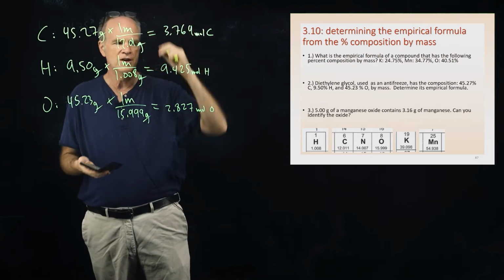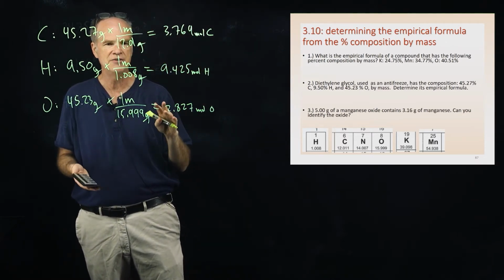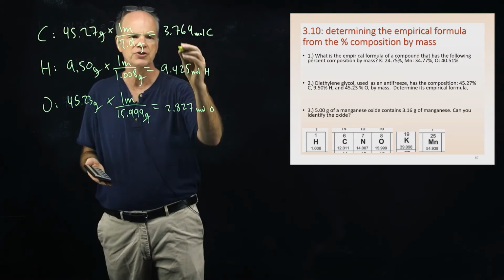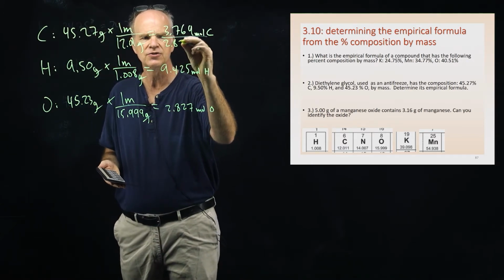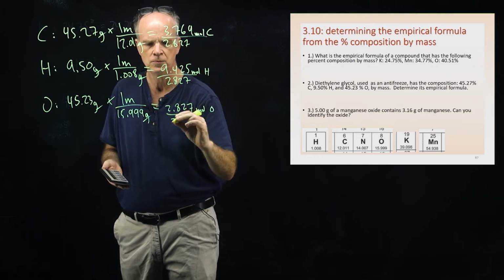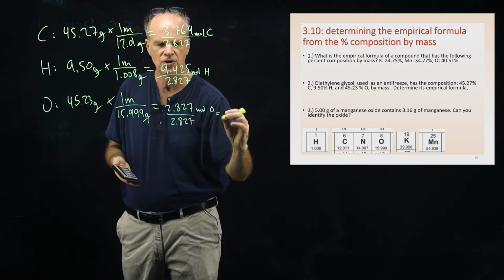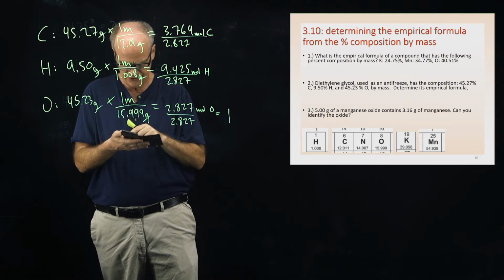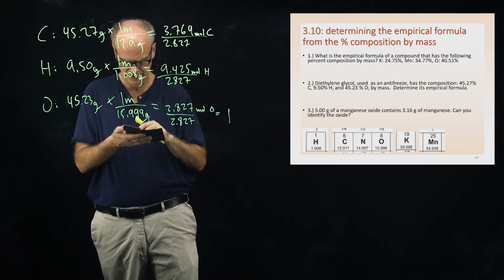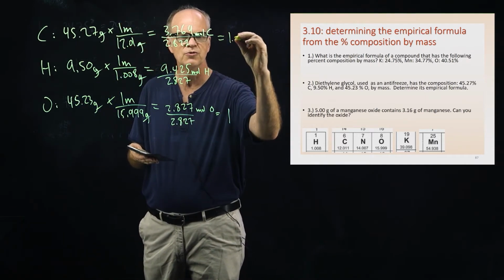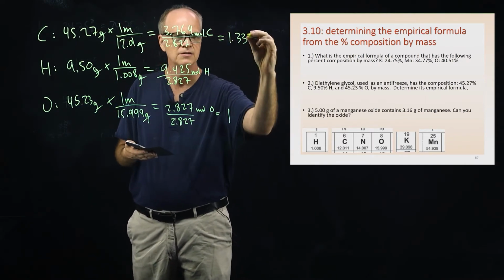Okay, so at this point, what we want to do, to see if we're close to integral values for the moles of these elements, is just divide by the smallest one here. And the smallest moles is oxygen. So we divide them all by 2.827. So the moles of oxygen should be exactly 1. 3.769 divided by that is 1.33.